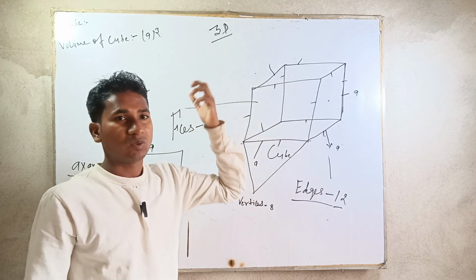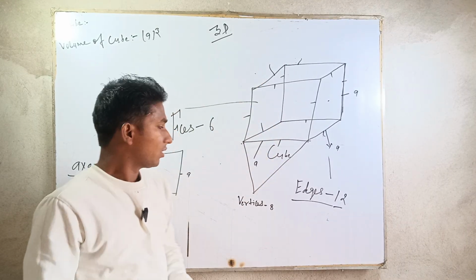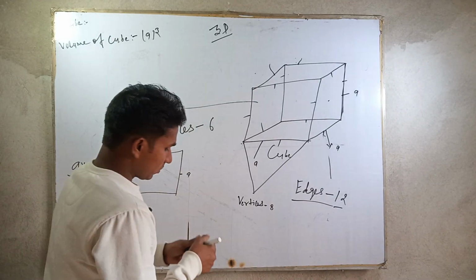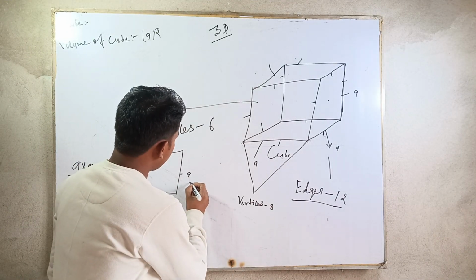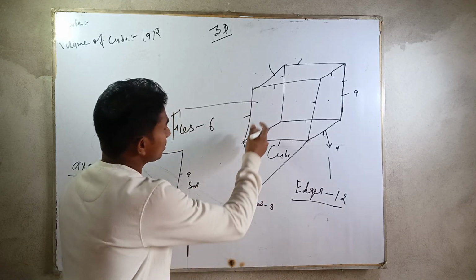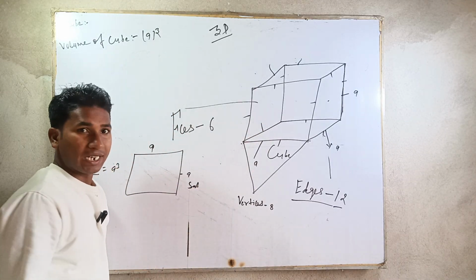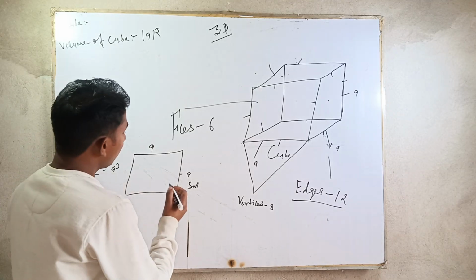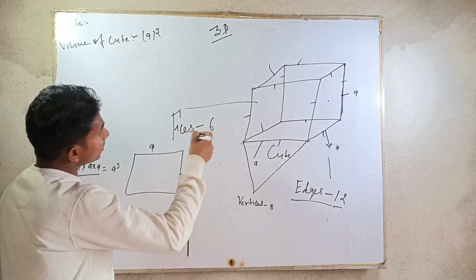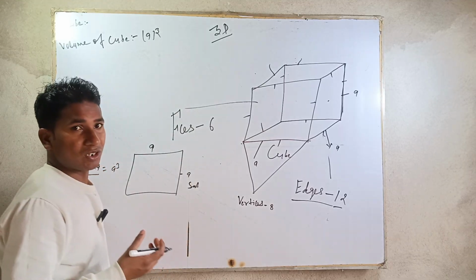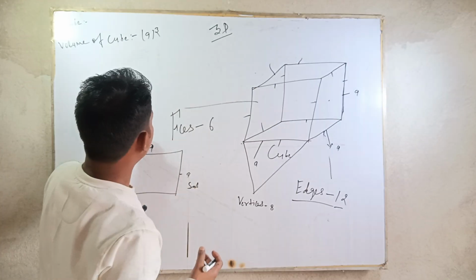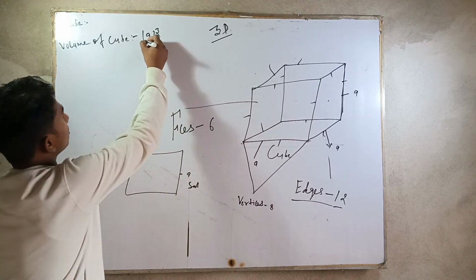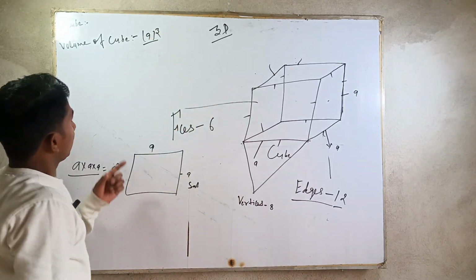Suppose I have a substance whose shape is like a cube. That means how much water can be held in this figure is called the volume of the cube. So its value will be a cube.